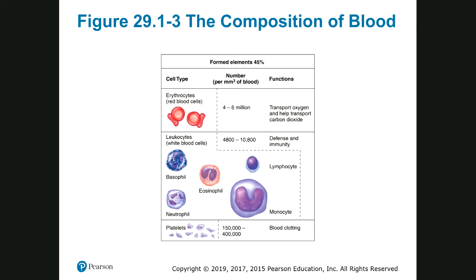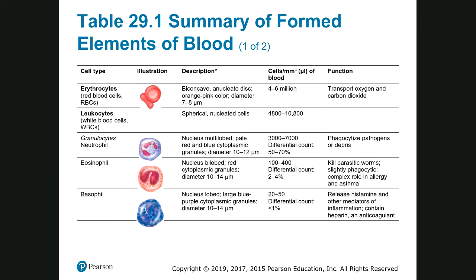So the red cells, or erythrocytes, don't have a nucleus. They look like whole donuts, and they are biconcave. Their principal function is to transport oxygen and CO2.